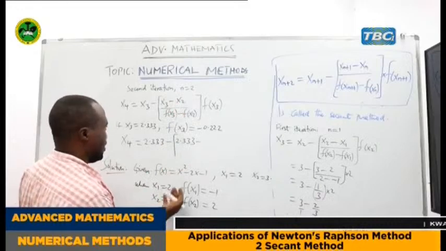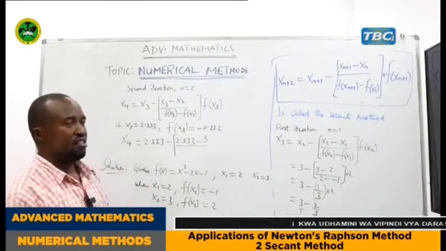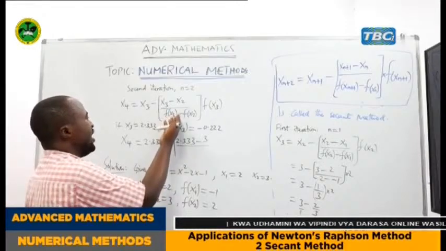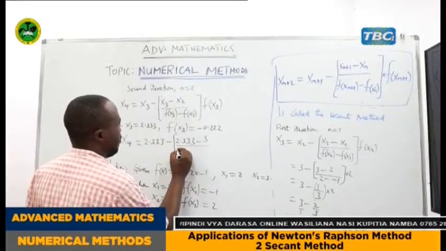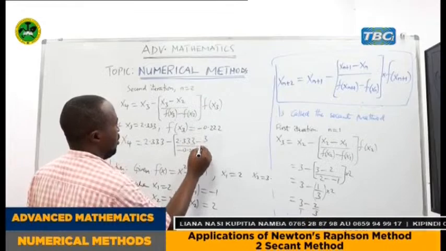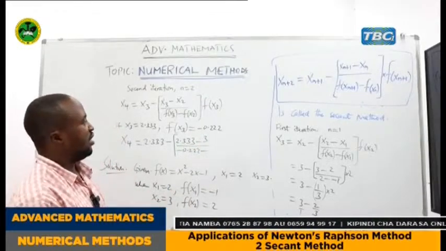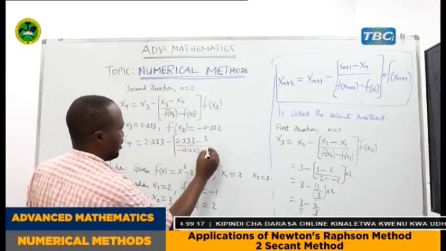Remember x2 is 3, so here we have 3 over f of x3, which is negative 0.222, minus f of x2. f of x2 is 2.